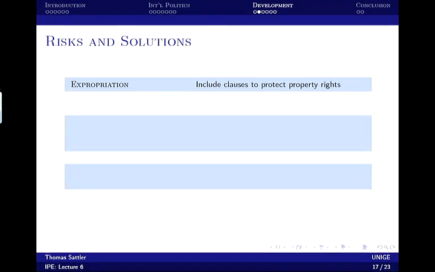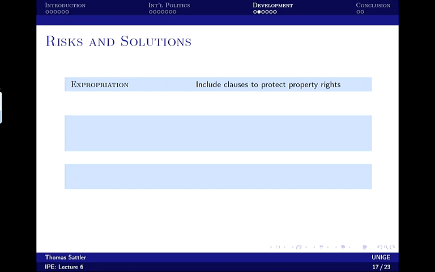So more generally, this explains why preferential trade agreements go beyond just tariffs and issues that are directly related to trade. We have political risks, and one is expropriation. The solution is to include a clause to protect property rights in these preferential trade agreements.